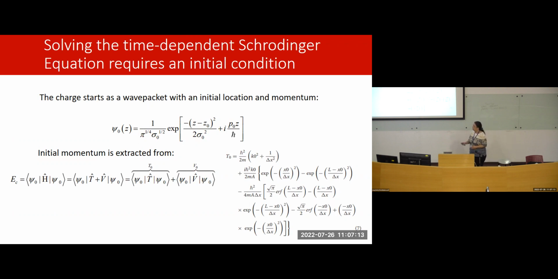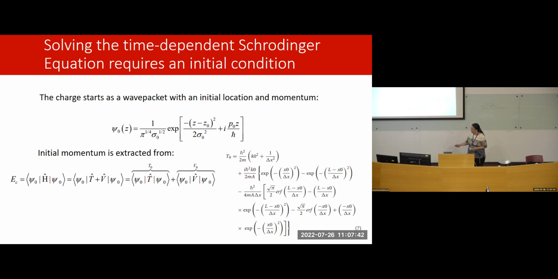So this is, again, one line of code that just defines the initial position where you want the electron to be and the energy of where you'd like it to be. The initial momentum can be evaluated based on the kinetic energy of the conduction band edge as calculated from VASP.